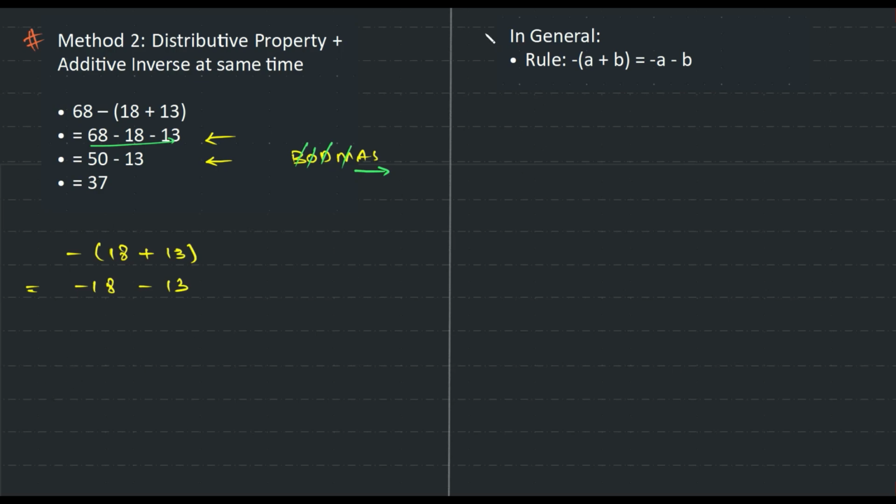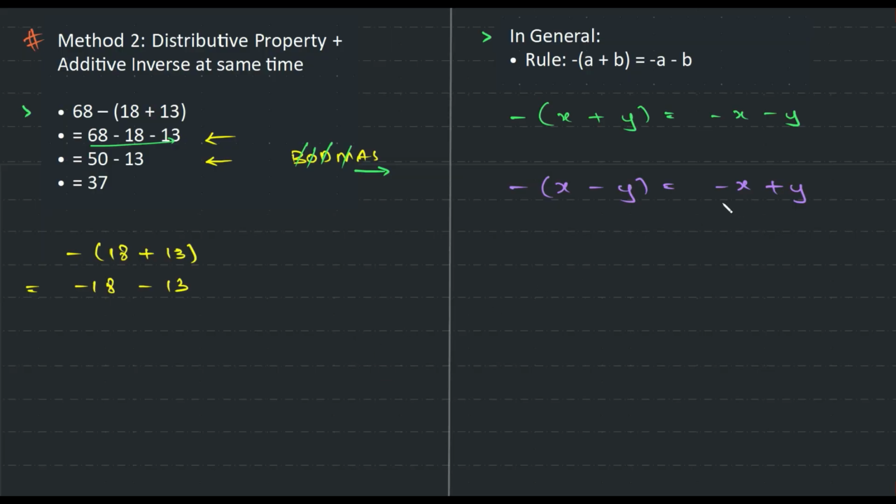In general, what we're looking at is, if I have minus of x plus y, for example, I can write it as minus x minus y. Or let me give one more example. If I have minus of x minus y, the additive inverse of x is minus x and of minus y is plus y.